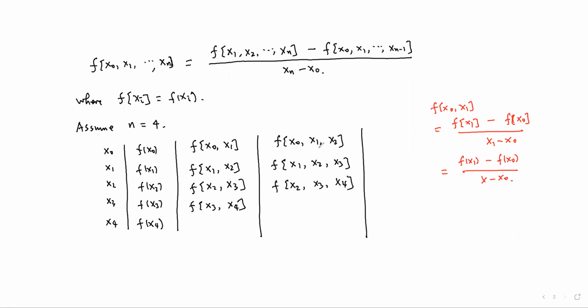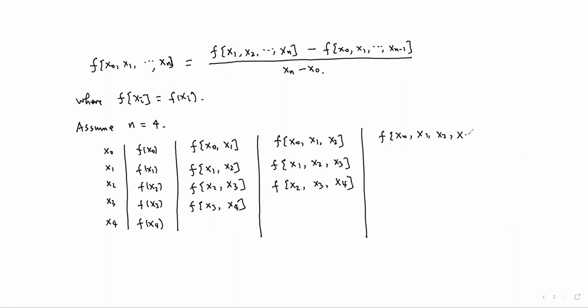Then the next column, after we get divided differences of order 2, we can compute divided differences of order 3: x0, x1, x2, x3, and x1, x2, x3, x4.